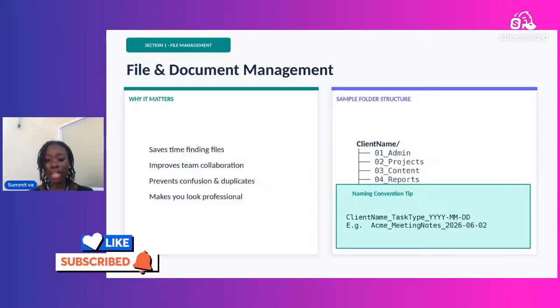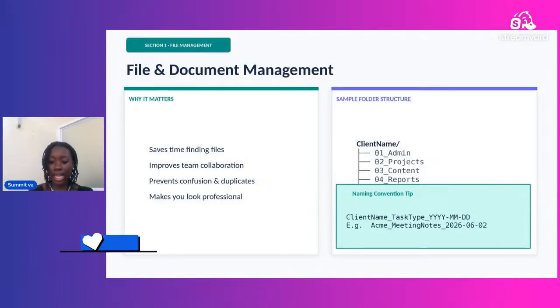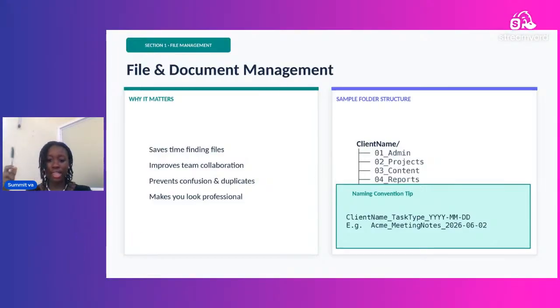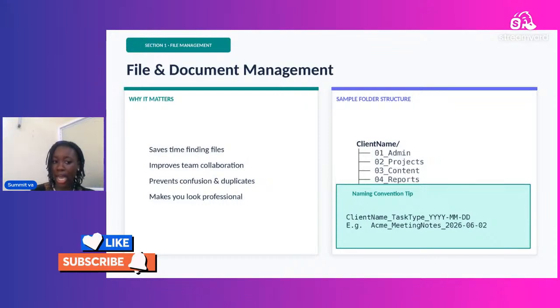Then another thing is called the naming convention tip. This is how you name your files. We can say client name, underscore, file type, underscore, the year, the month, and the date.